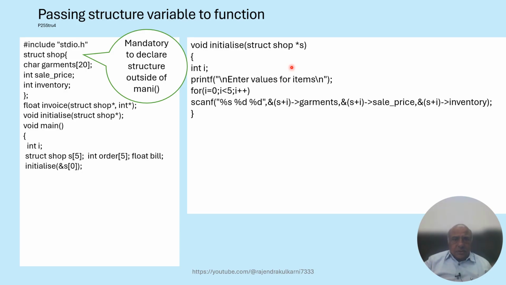Since S receives the address of the array of type struct shop, we simply use a scanf statement with ampersand S plus I arrow garments, ampersand S plus I arrow sell price, and ampersand S plus I arrow inventory.